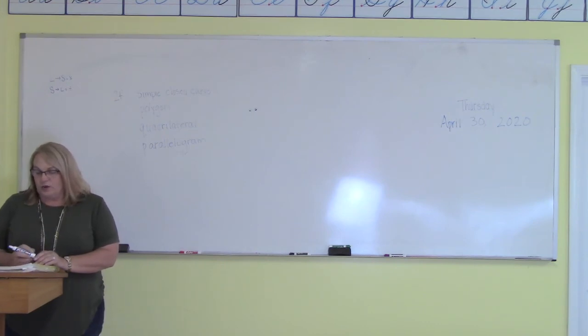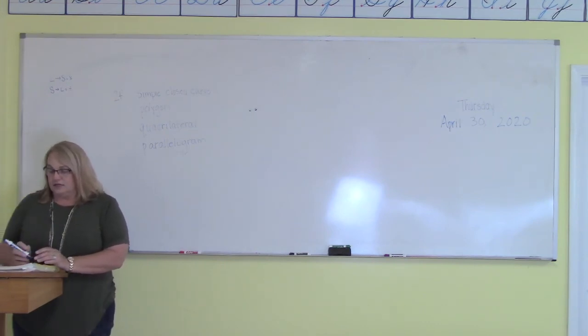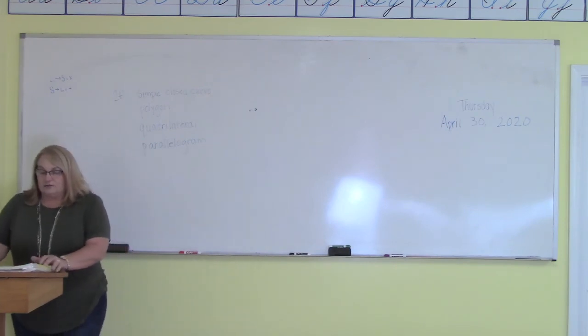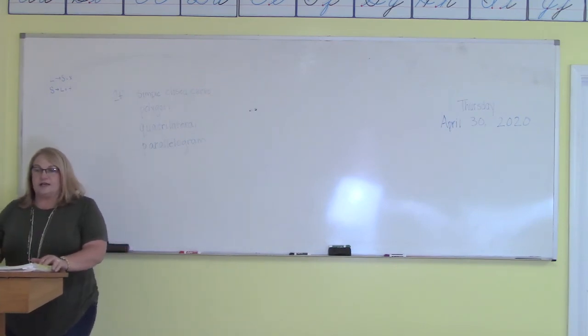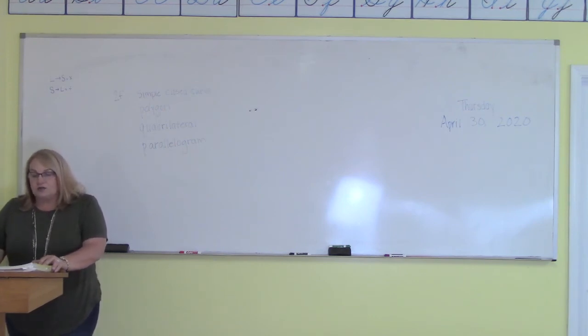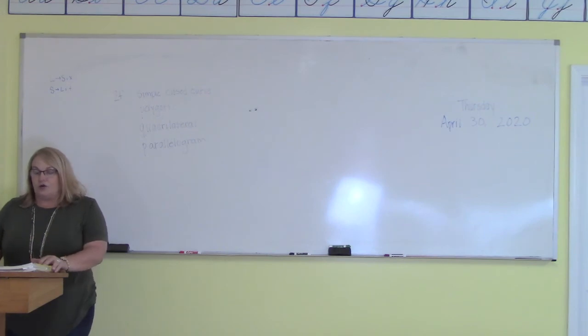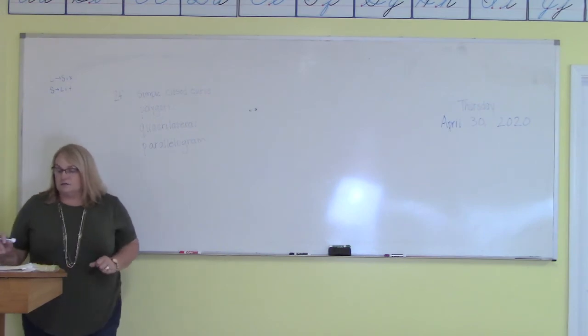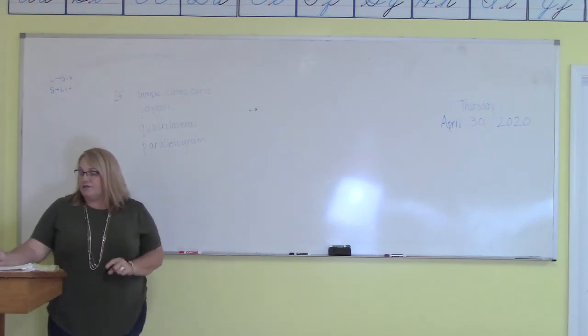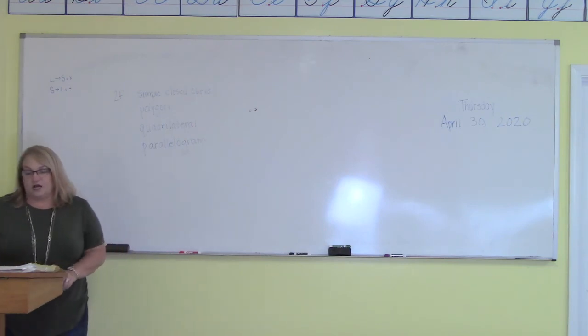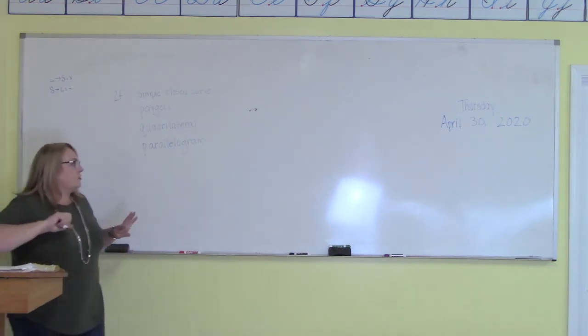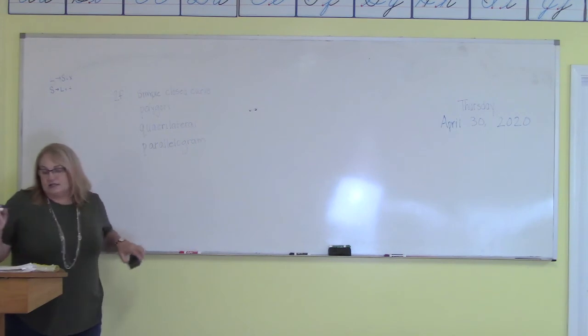C, this is a point. That's true. D, this is a line segment. That's false. That is a line. E, a quadrilateral is a triangle with 3 sides. Well, a triangle does have 3 sides, but that's not a quadrilateral. A quadrilateral has 4 sides, so that's false.